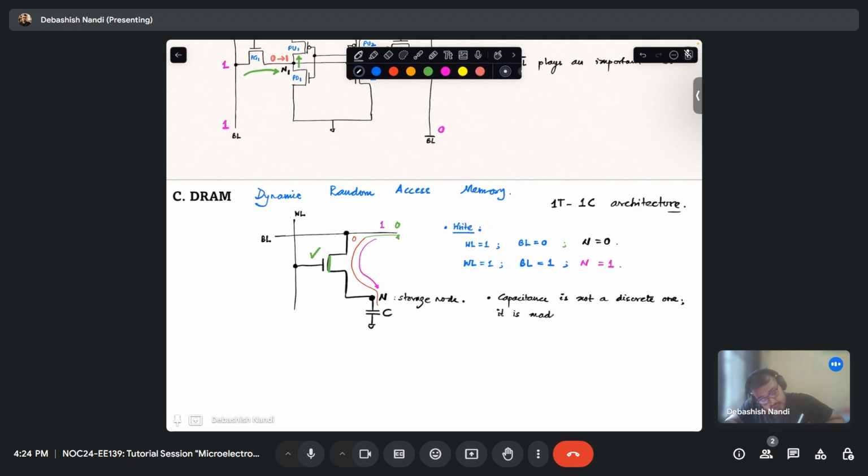It is made using trench cell, where it is under the substrate of the same transistor, thus making it area efficient.